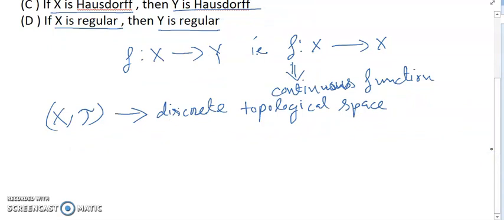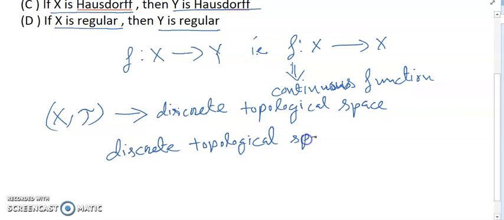Now we have to know that a discrete topological space implies it is a Hausdorff space.